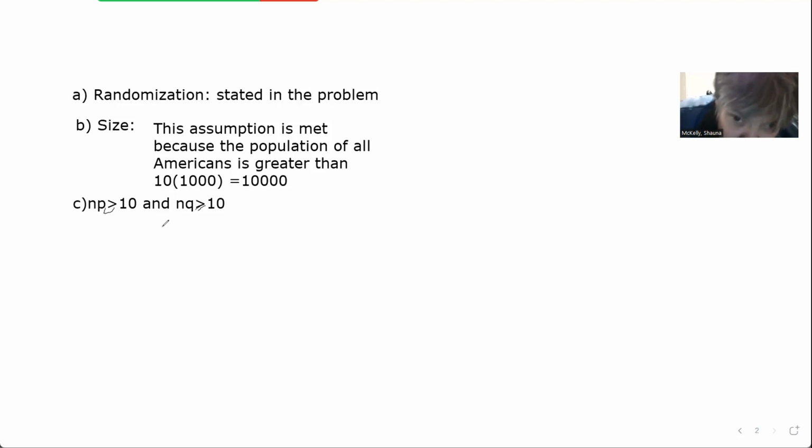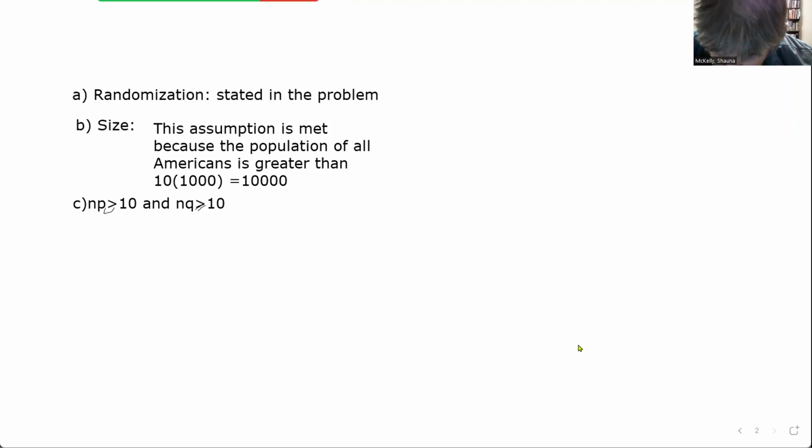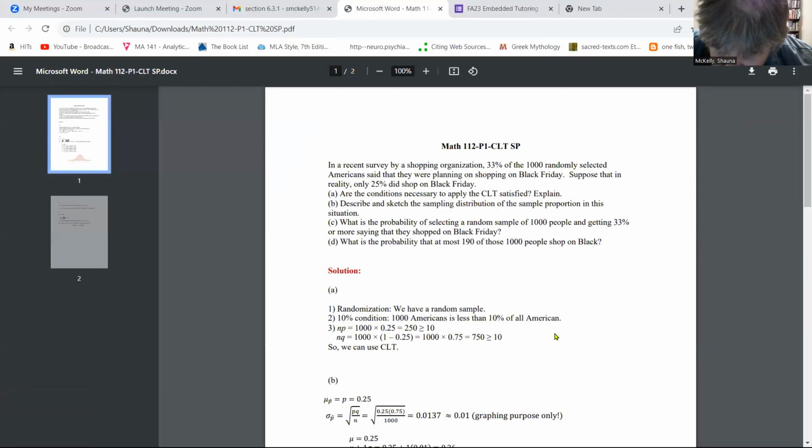This is the first place that causes people some problems. So let me go back to that, because what I get is, how do I know which percentage it is? Okay. It says, in a recent survey, 33% of the 1,000 randomly selected Americans.